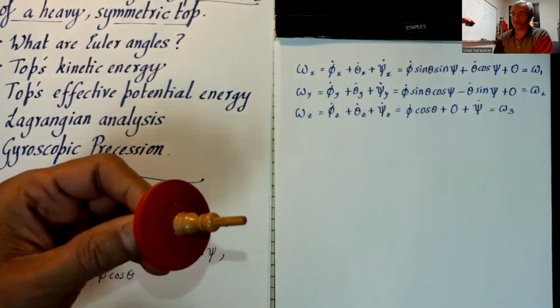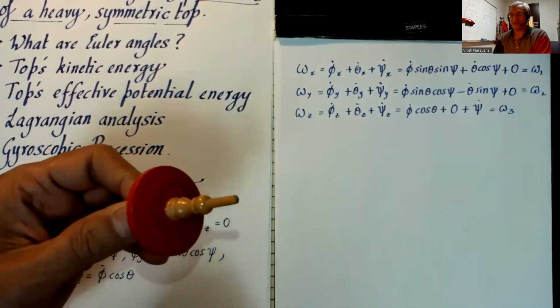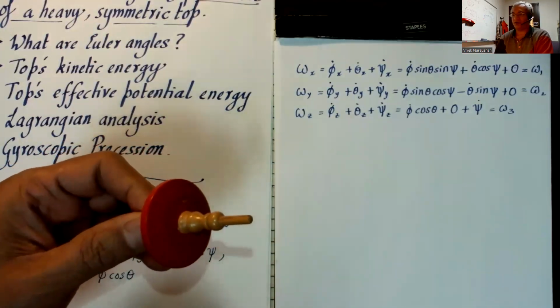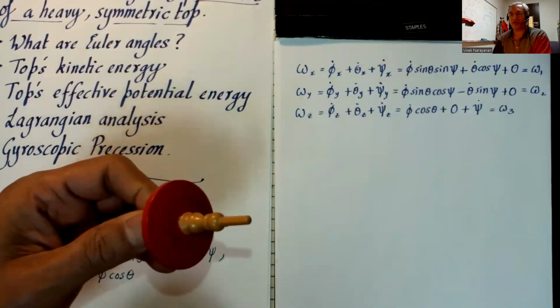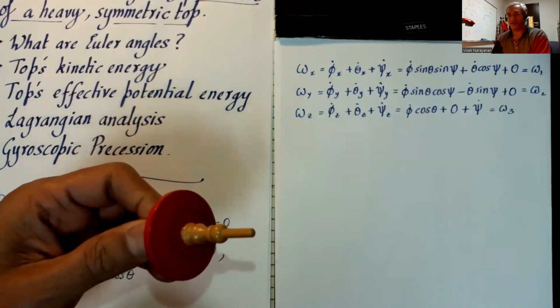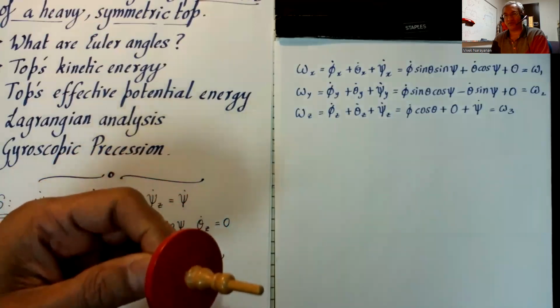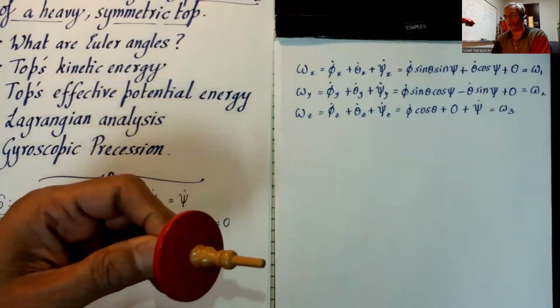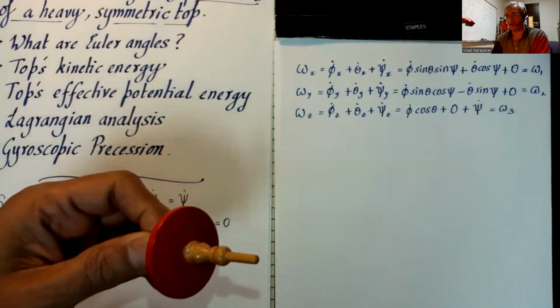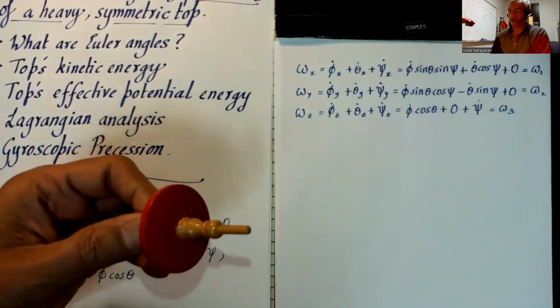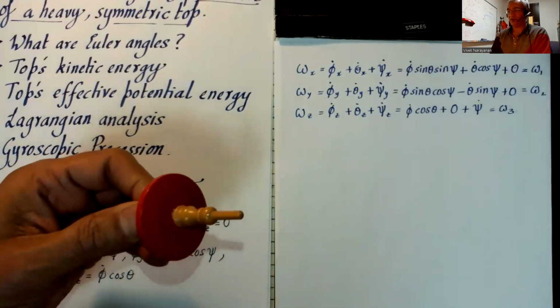Sofia Kovalevskaya was a pioneer in the field of not only top theory, but ordinary differential equations and partial differential equations. Along with Cauchy, she is honored: the existence uniqueness theorem of partial differential equations and ordinary differential equations is known as the Cauchy-Kovalevskaya theorem. So one of the great mathematicians of all time.